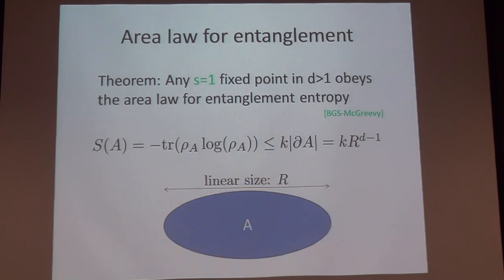I'll explain that tomorrow, or at least we believe it's that. And in fact, as I'll discuss towards the end of tomorrow, we have a more general argument in this paper for the area law for more general kinds of theories, which include theories with higher S.